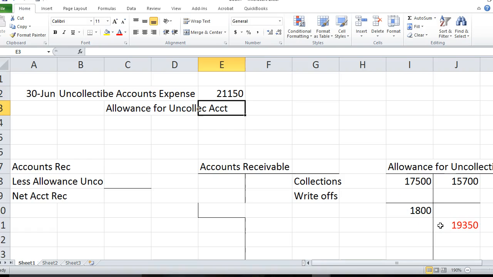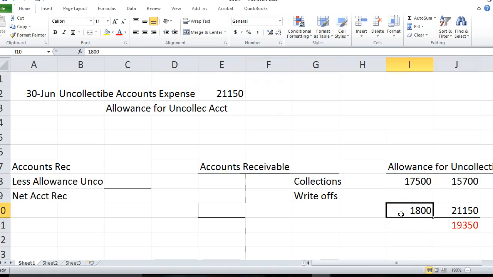Isn't it $21,150? If we have $1,800 as our balance right now, and we want to end up with a balance of $19,350, don't we need to credit this $21,150 in order to get there? Does that make sense?